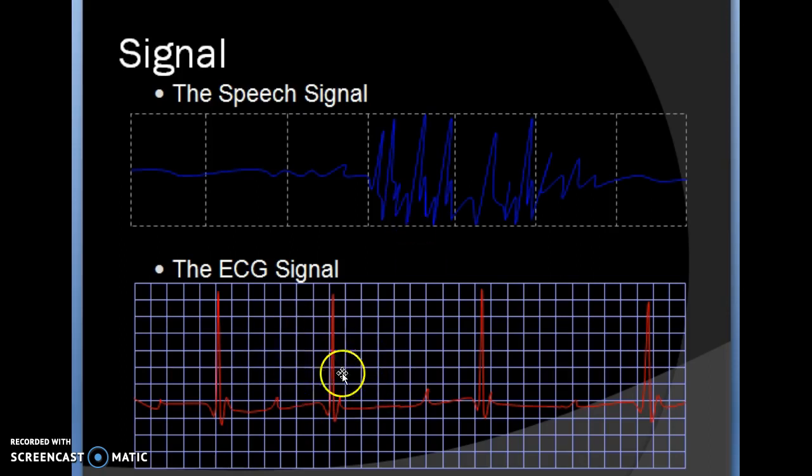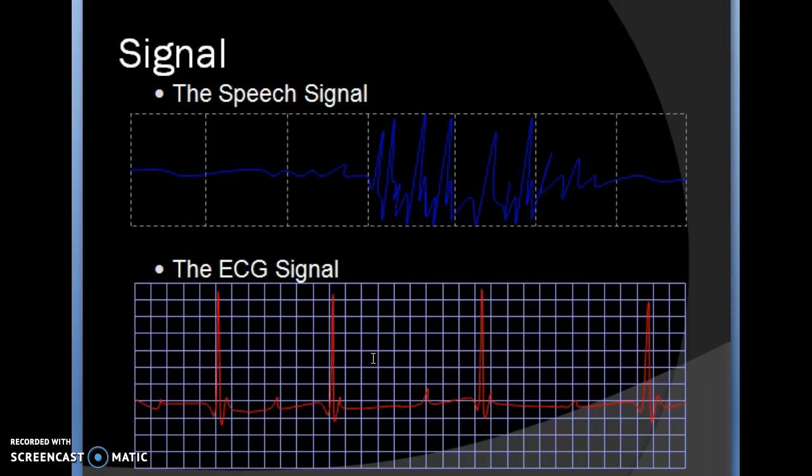Here is another example, an ECG or electrocardiogram signal, which provides a doctor with information about the condition of the patient's heart. Similarly, you may have EEG or electroencephalogram, which provides information about the activity of the brain.